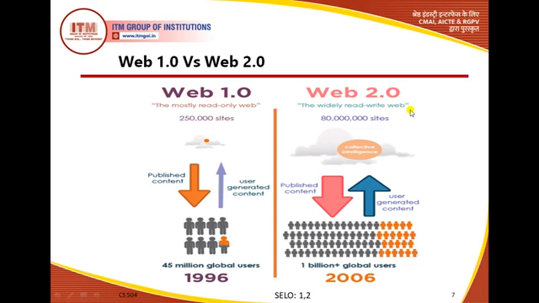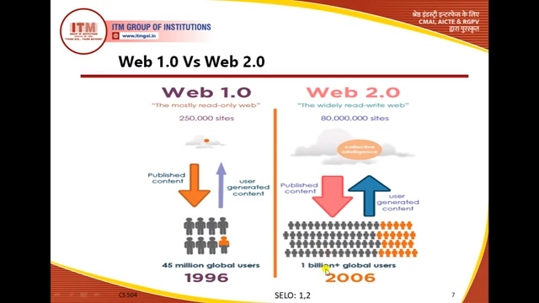Whenever Web 2.0 came into existence, the number of sites also increased. At the same time, published content increased more as compared to Web 1.0, and user-generated content also increased to a considerable extent.